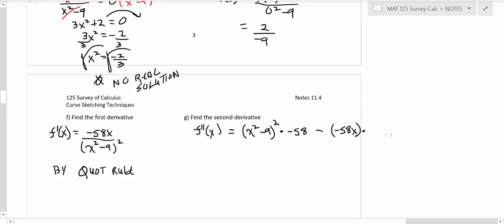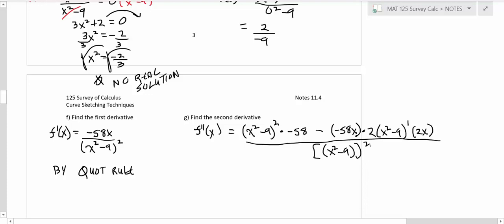That is a chain rule: 2 times (x squared minus 9) to the first, times the derivative of what's inside, 2x, all over the bottom squared, (x squared minus 9) to the second. So the setup is: bottom times derivative of top, minus top times derivative of bottom, over bottom squared.